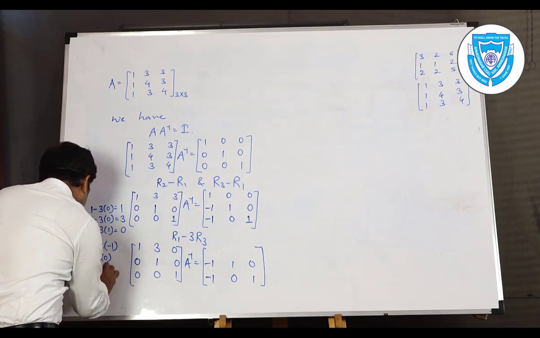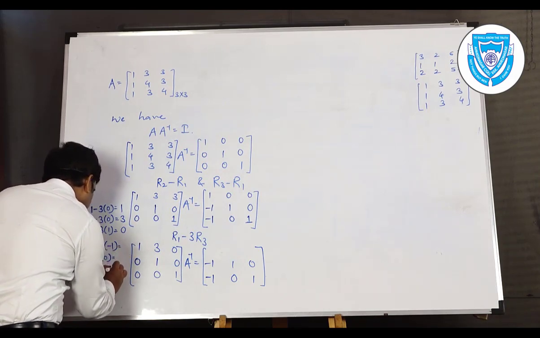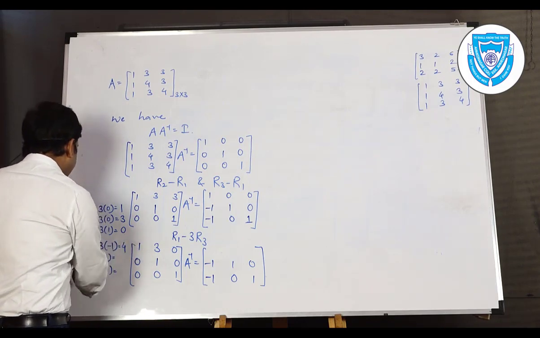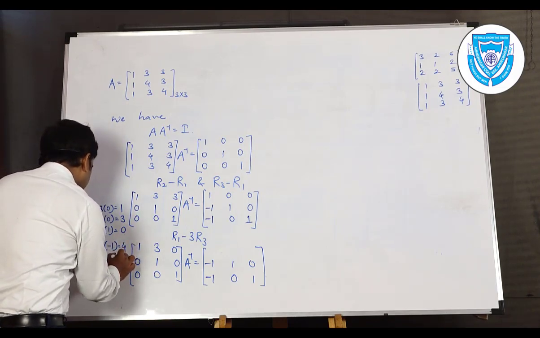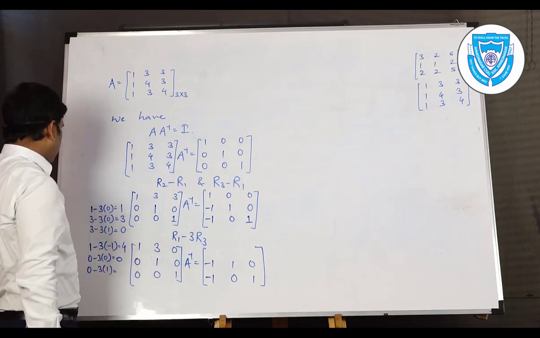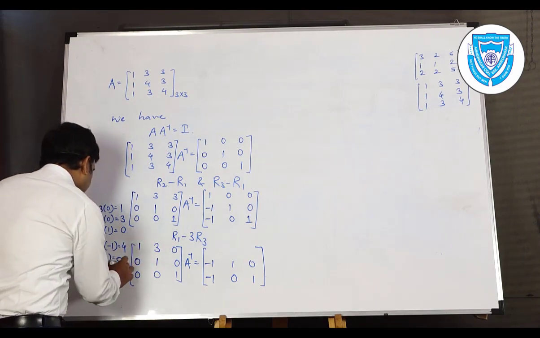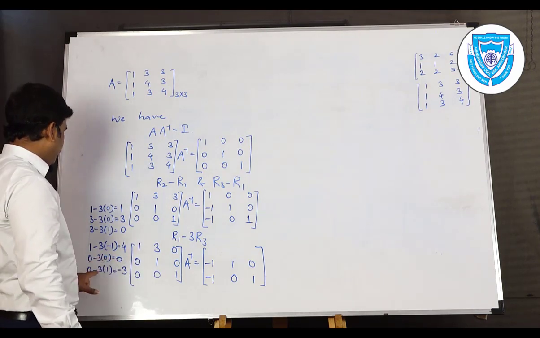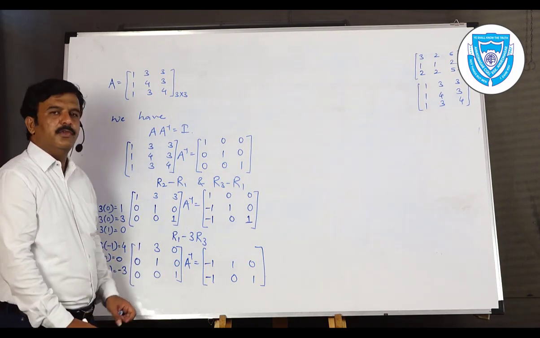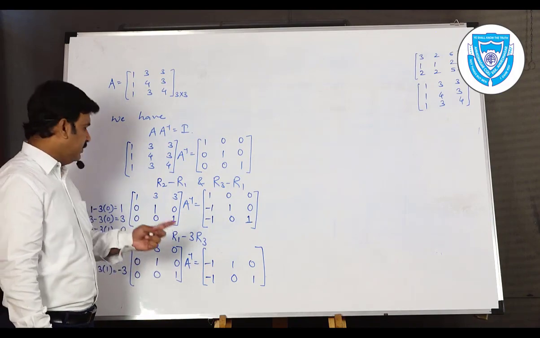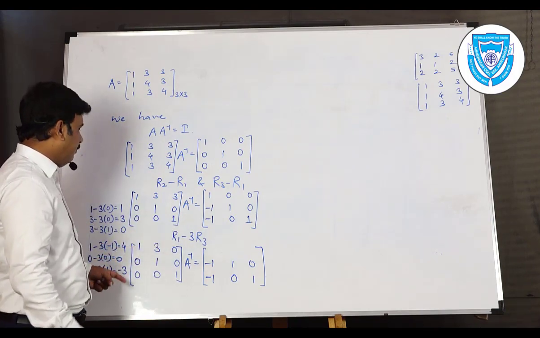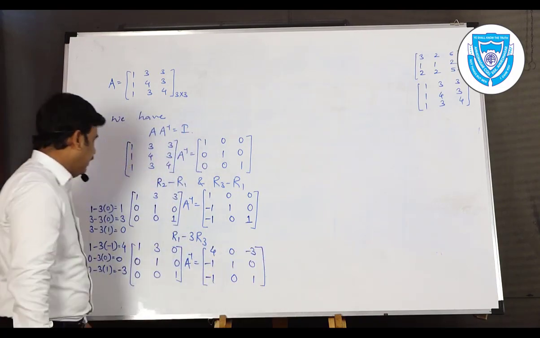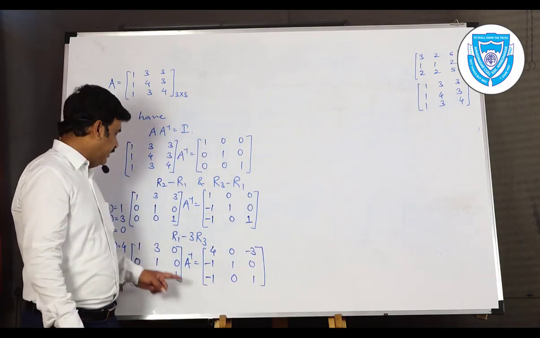Let us see what the elements are. 1 plus 3, that is 4, 0 minus 0 is 0, 0 minus 3 is minus 3. So the elements of the first row are 4, 0, minus 3.